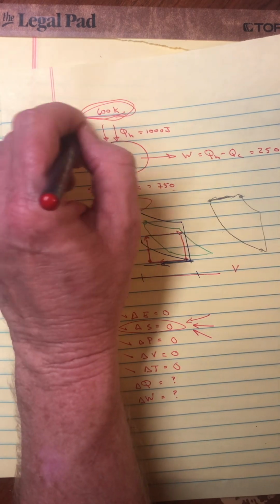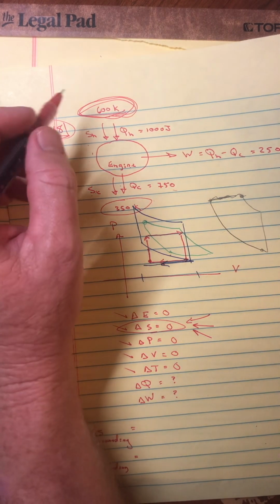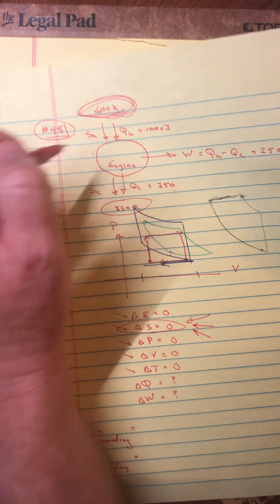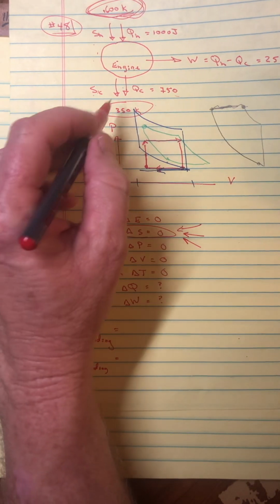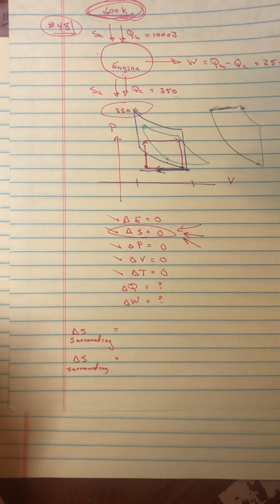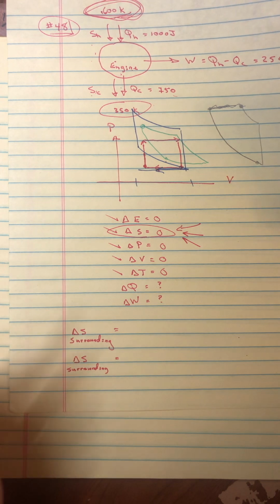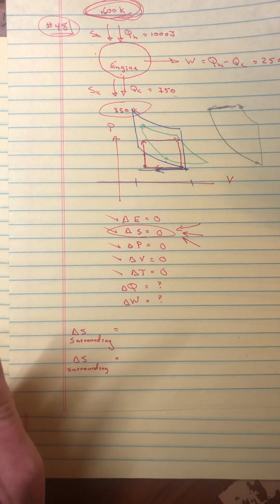That doesn't necessarily mean the loss of entropy when the energy comes out of the surroundings into the engine, and the gain of entropy of the surroundings when it goes from the engine into the surroundings are the same. And so the net result might be a change of entropy.